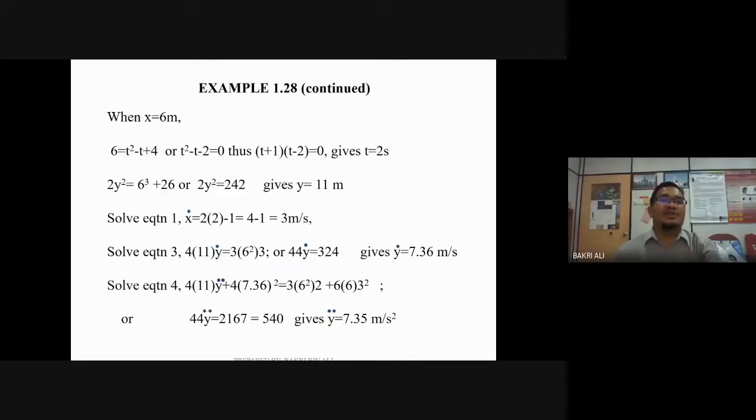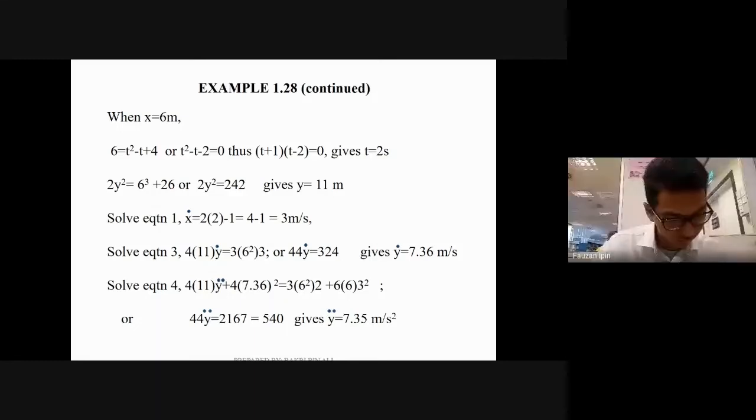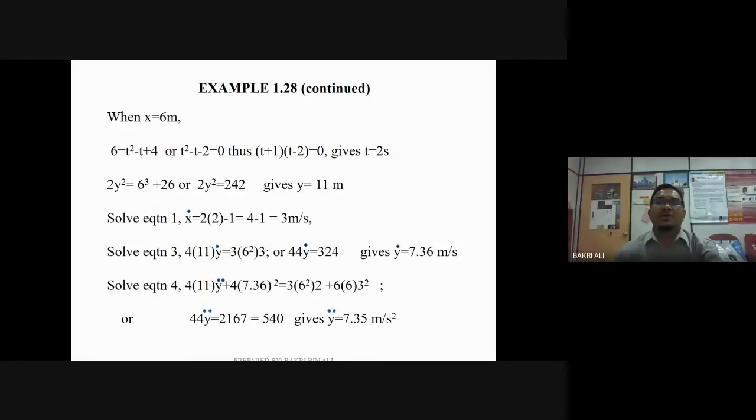The question needs us to find the velocity and acceleration at x equal to 6 meter. So we just replace the 6 meter in the function of x. So 6 equal to t squared plus t plus 4. That will give us t equal to 1, t equal to minus 1, and t equal to 2.